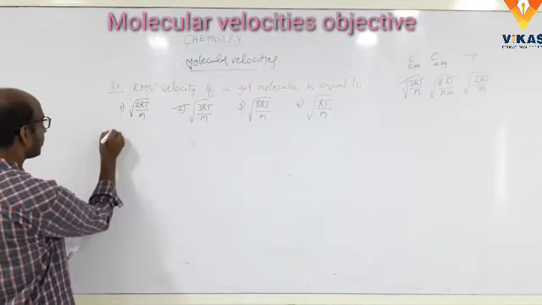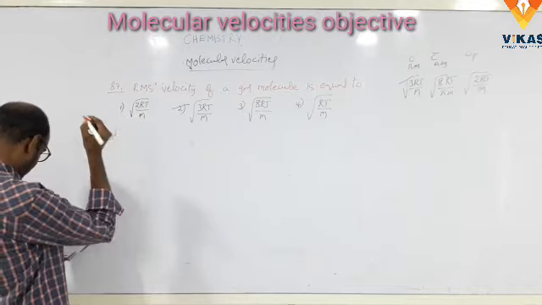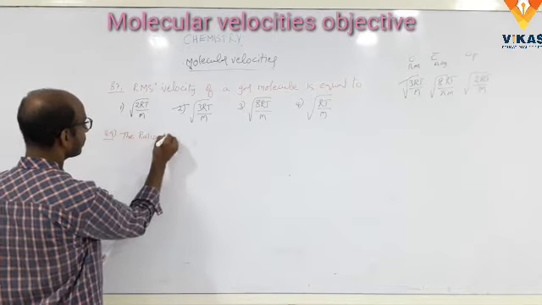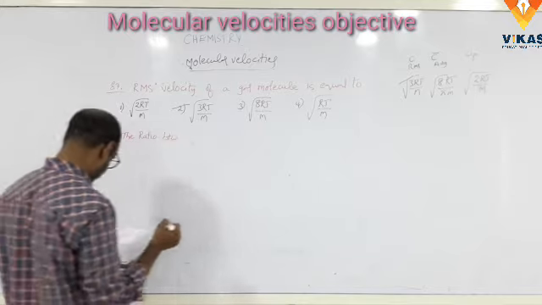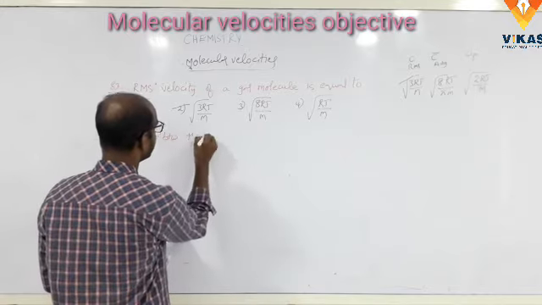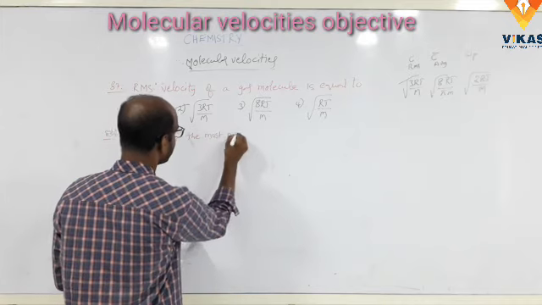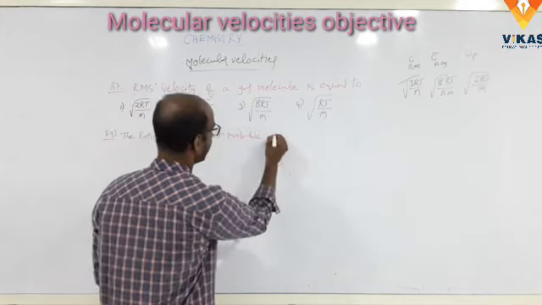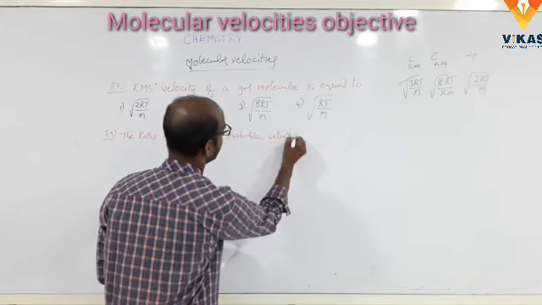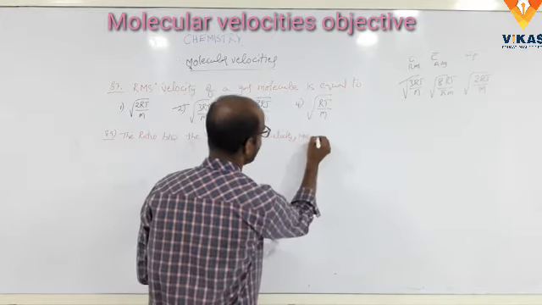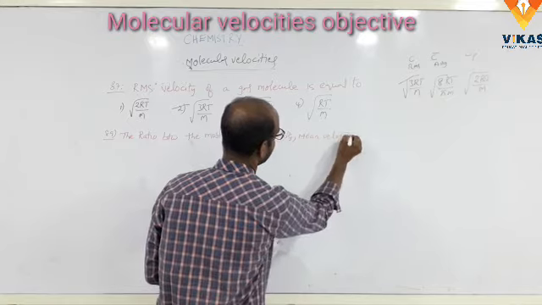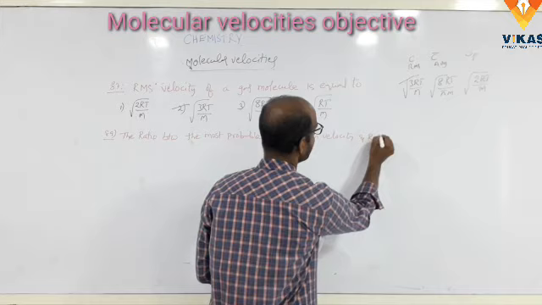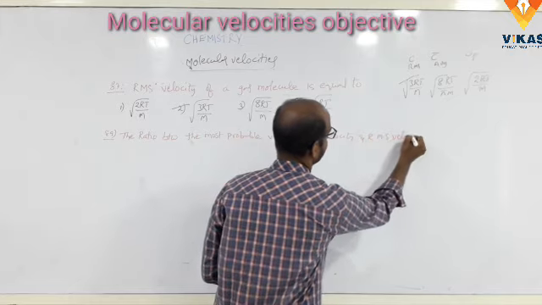Question 89. The ratio between the most probable velocity, mean velocity, which means average velocity, and root mean square velocity.